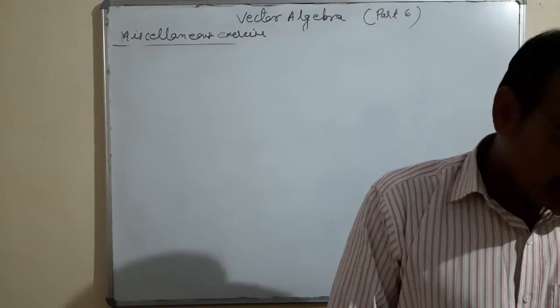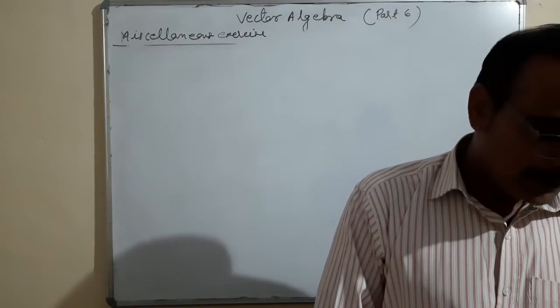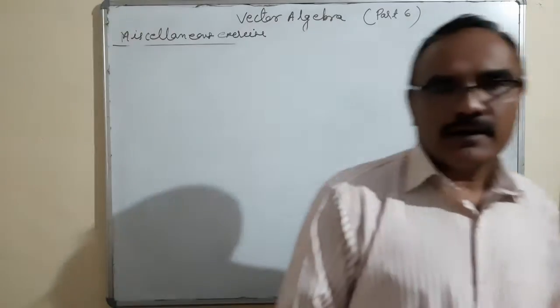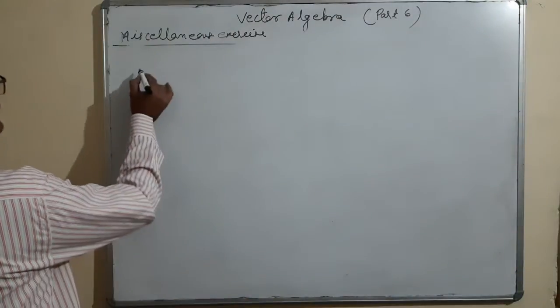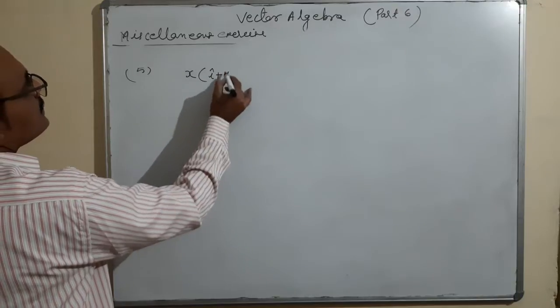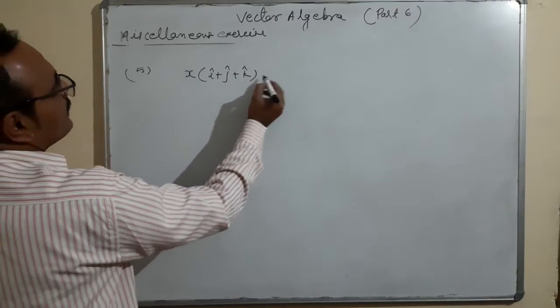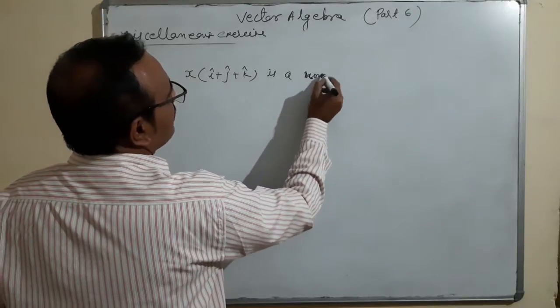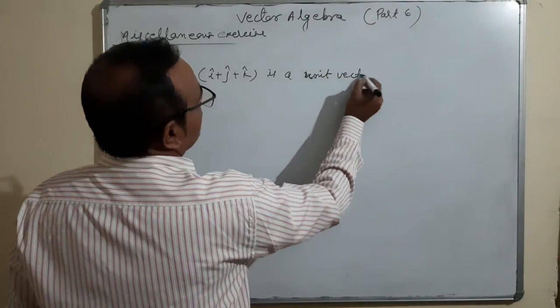Fifth question: find the value of x for which x(i plus j plus k) is a unit vector. I think it's quite a simple question. It is given that it is a unit vector.